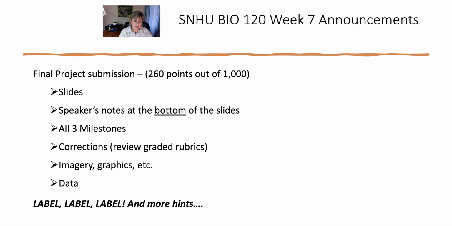Label, label, label. Every slide needs to have a heading, and that should be the section heading. And if you want to have more than one slide on a particular topic, like you really have gotten into the ethical perspectives of your particular topic, and you want to talk about all the laws and regulations and the public's opinion and all that sort of thing having to do with your topic, and you want to have more than one slide, that is perfectly fine.